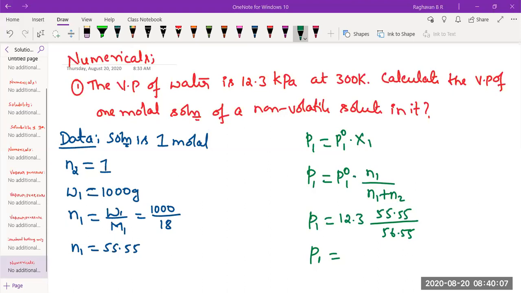Around 12.08. Why around, man? It is a board problem. It has to be 0.08, sir. 12.08 kilopascal. Right? Let's proceed.